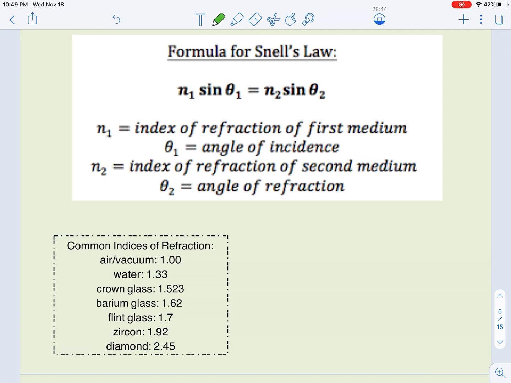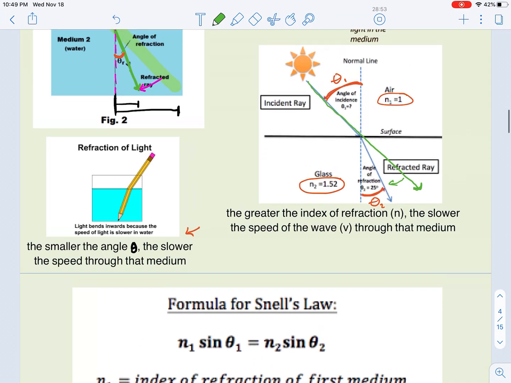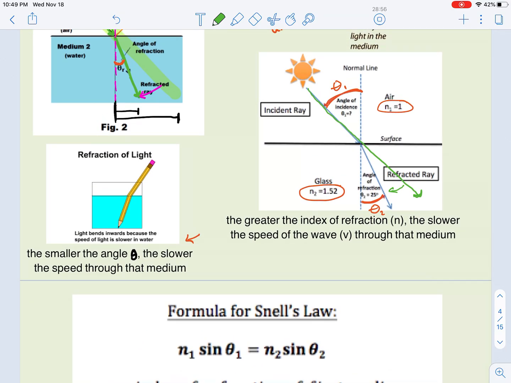Okay, so here we have another equation, and this is called Snell's law. And this says n1 sine theta 1 is equal to n2 sine theta 2. So what in the world does that mean? This is a relationship.